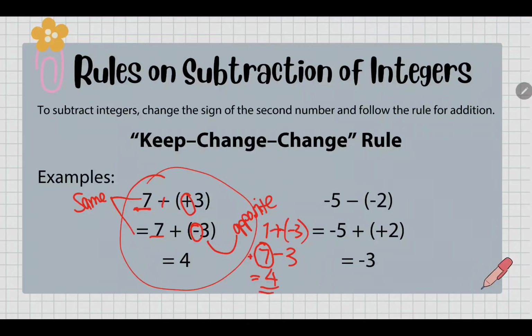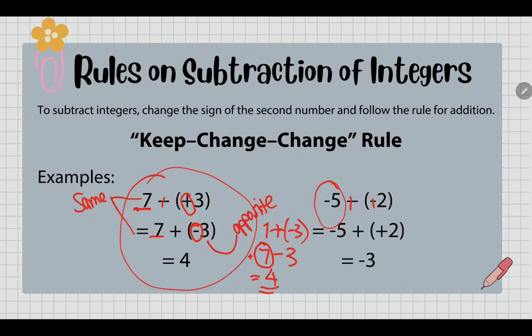Now let's go to the next one. So we keep the 5, that remains the same. Then we go on to the subtraction sign and we change it to a positive sign. And remember, you change the negative 2 to a positive 2.